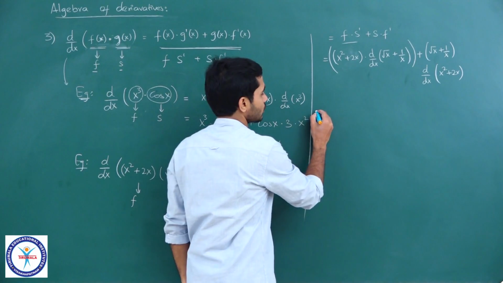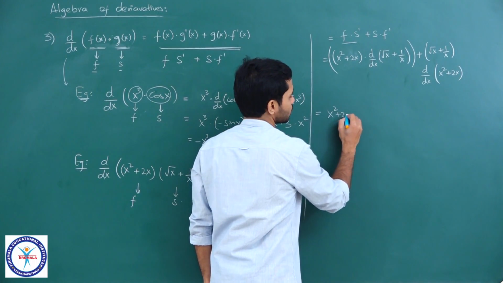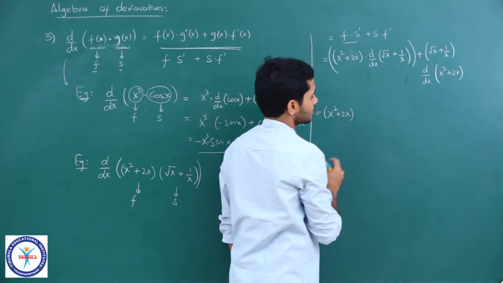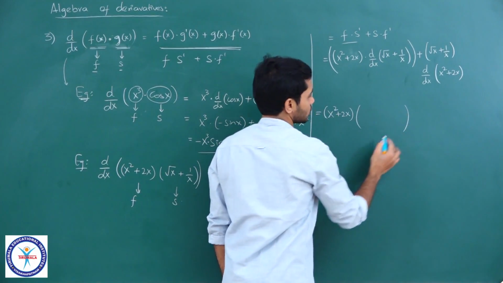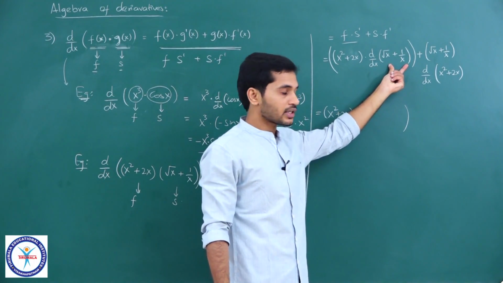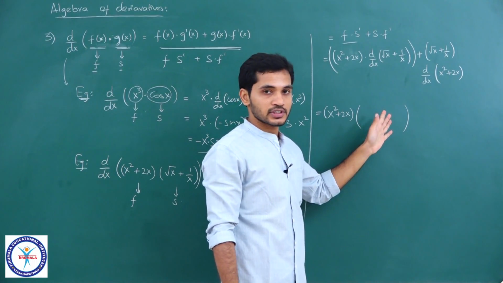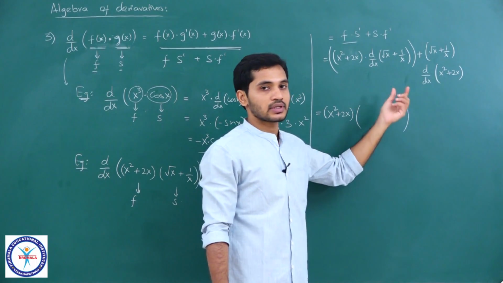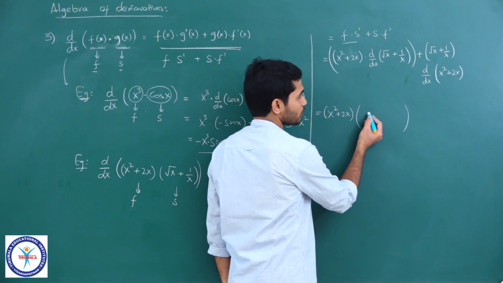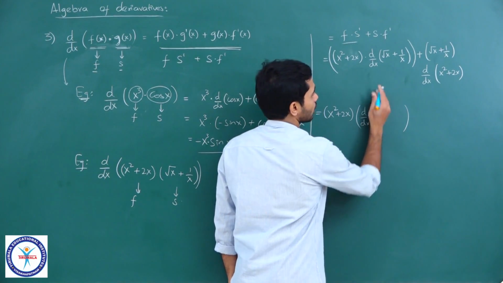Okay. Let me simplify this, x square plus 2x into, now look at this. I have derivative of sum of two different functions, correct. So, how do I do that? Differentiation of first, differentiation of second, and then sum of those two. So, I can write this as, should I write one more step? Let us write. So, d by dx of, what is this?